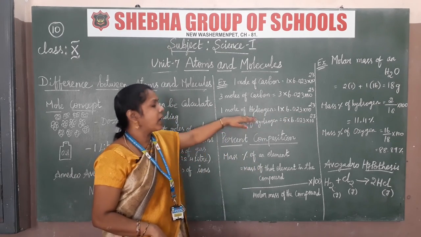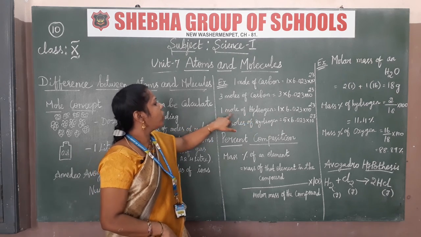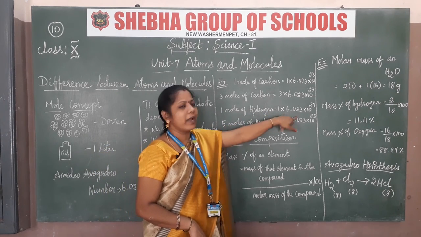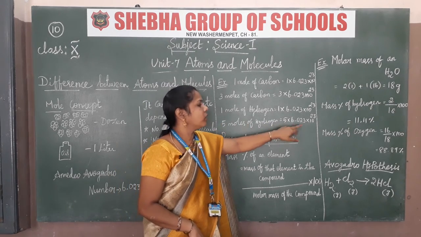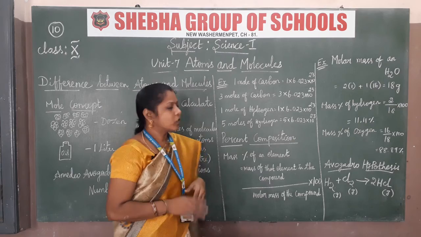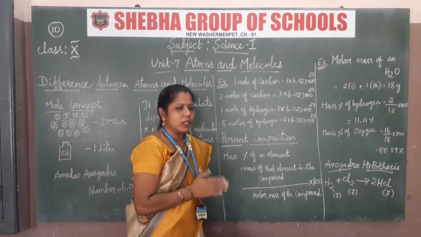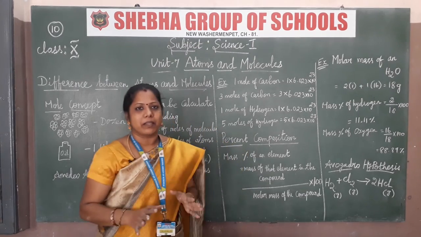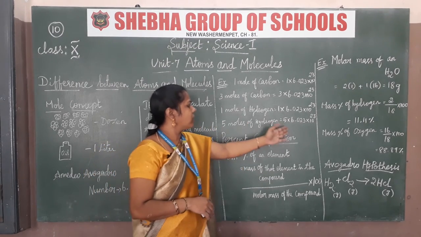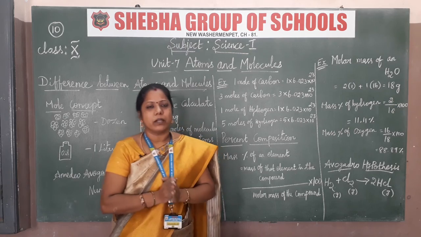Likewise, I am going to explain about the hydrogen atom. The 1 mole of hydrogen atom is 1 into Avogadro number. 5 moles of hydrogen atoms, that is 5 into Avogadro number. That's simple. So number of moles என்னன்னு முதல்ல உங்களுக்கு தெரிஞ்சிருக்கும். Likewise, you have to multiply with Avogadro number. That's it. So this is the result for how to find out for that mole.